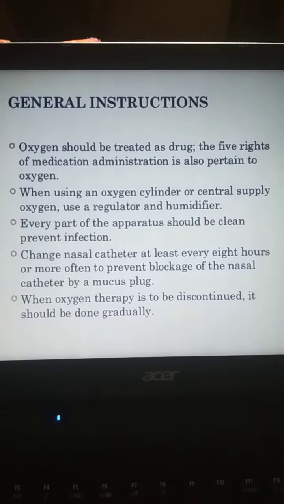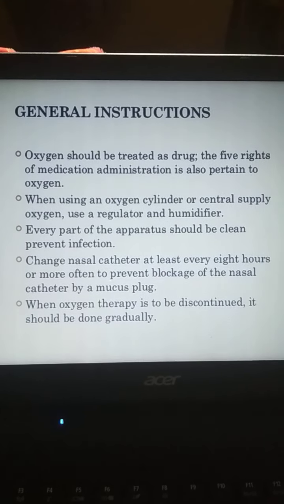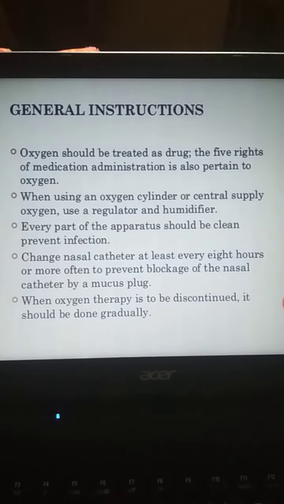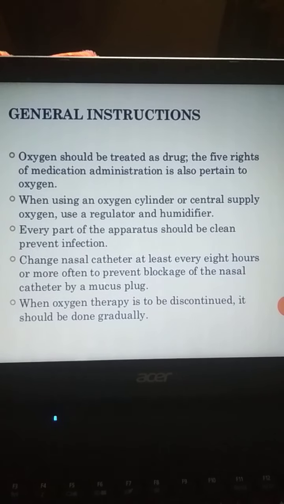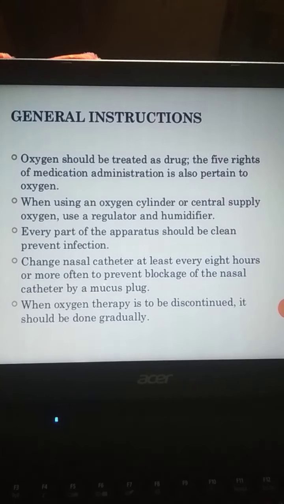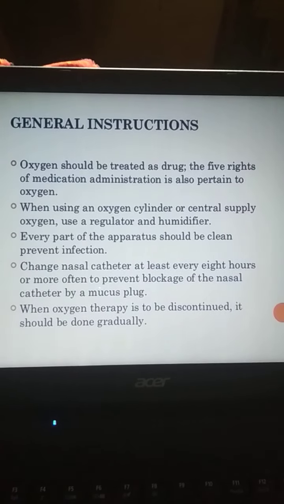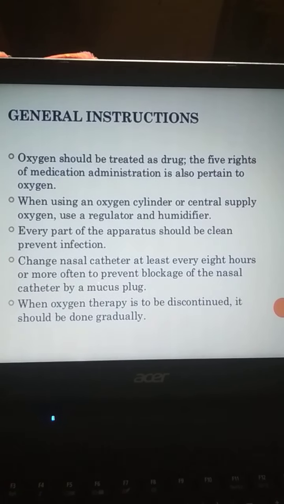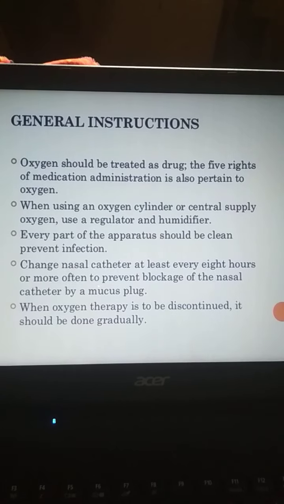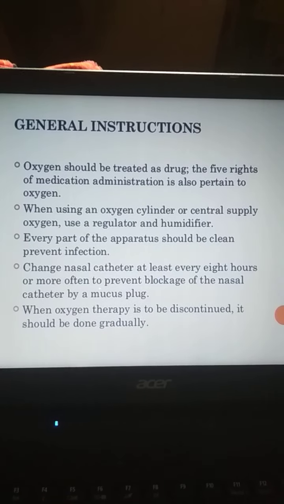Every part of the apparatus should be clean to prevent infection. Change the nasal catheter at least every 8 hours or more often to prevent blockage of the nasal catheter by mucus plug. When oxygen therapy is to be discontinued, it should be done gradually.